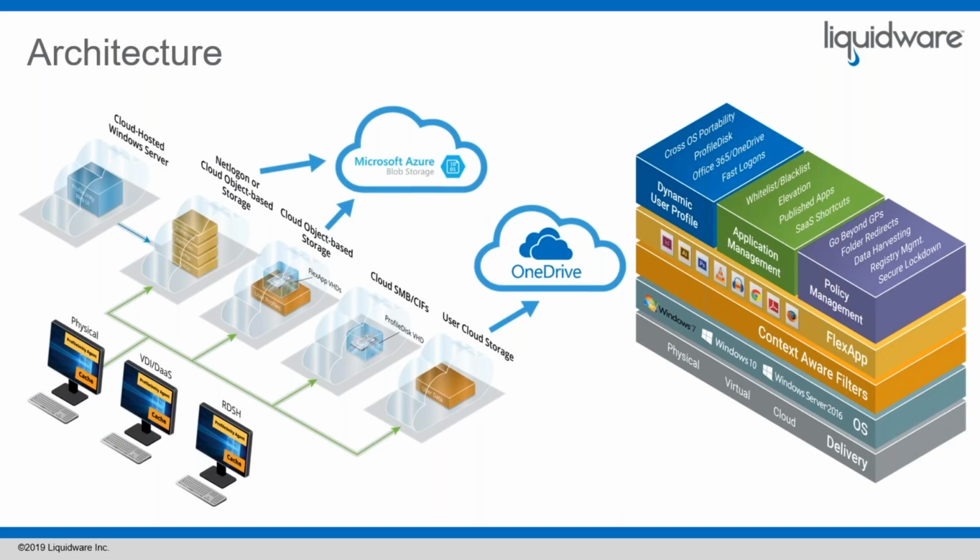The object-based storage in Azure can be used to host portability, the files that went between Windows 7 and 10 that made it magical for the user to remain productive across environments. The FlexApps can also be VHDs hosted on Azure Blob Storage, as that's already supported. We shipped native support for Azure for FlexApp in November of last year, and had it for the profiles approximately a year ago.